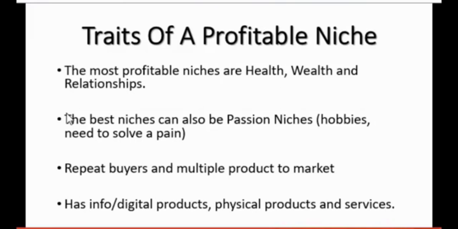The emotions I felt going through that process is what made me purchase products to help me get out of that. It's similar with the health niche. Someone who is overweight probably has a lot of bad emotions around that, and it's those emotions that push them to solve that pain and make a purchase.